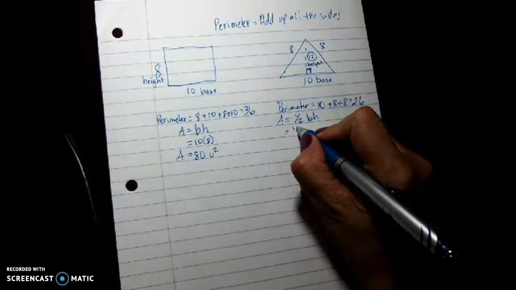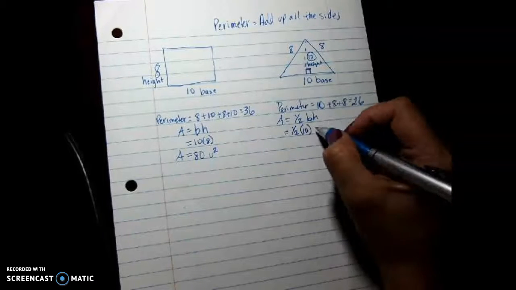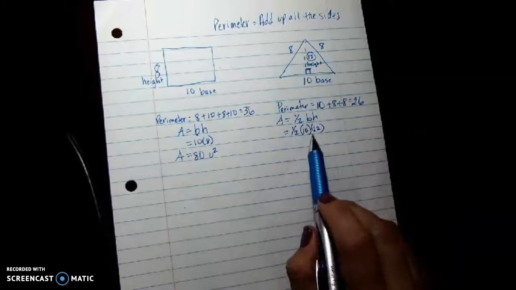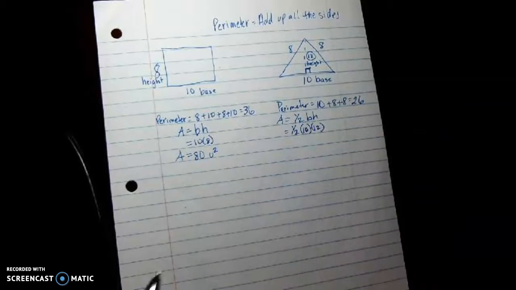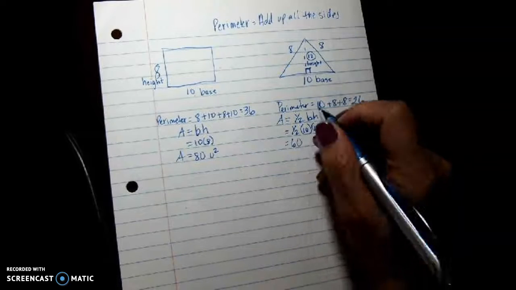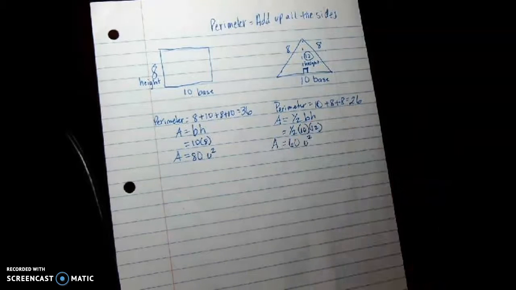So 1/2, the base is 10, and the height is 12. So 10 times 12 divided by 2, which is 60. 60 units squared is the area of a triangle.